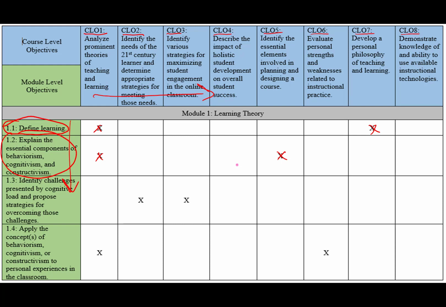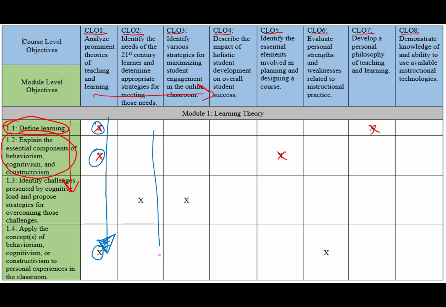The real benefit in this is that when you get through, for each one of your course level objectives, now you can look down the page and you can see how many module level objectives throughout the course support each one of your course level objectives, right? So I can go through and count for course level objective 1, how many X's do I have?